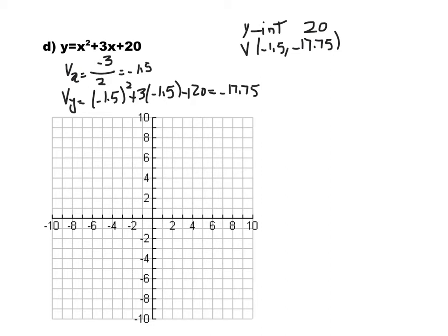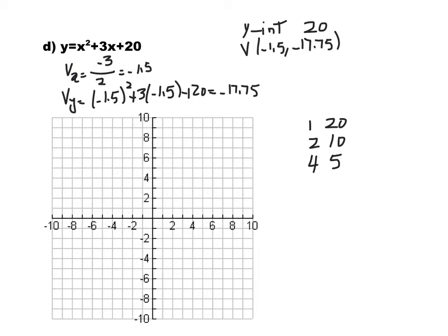Now I have to go ahead and find the x-intercepts. I'm going to use the factoring technique first. Since the coefficient of x squared is 1, I'm going to use sum and product. I have to find two numbers whose product is 20. Those two numbers are either 1 and 20, 2 and 10, 4 and 5, and 5 and 4.